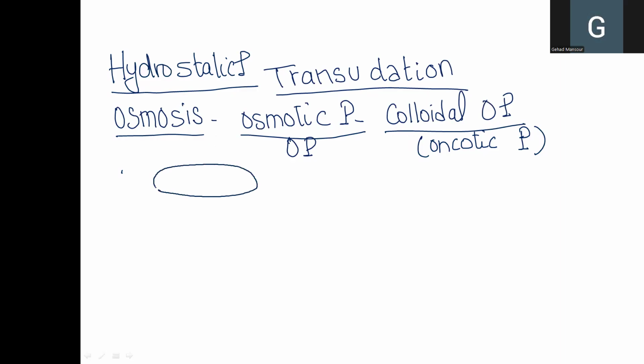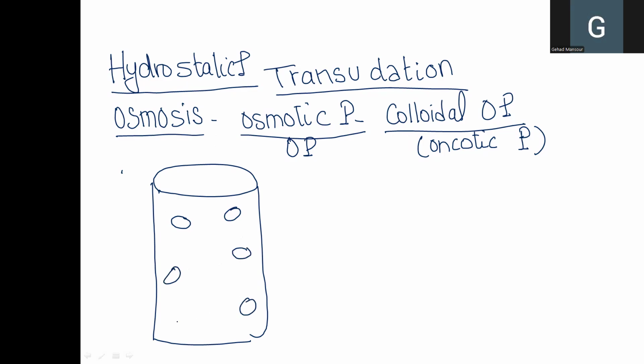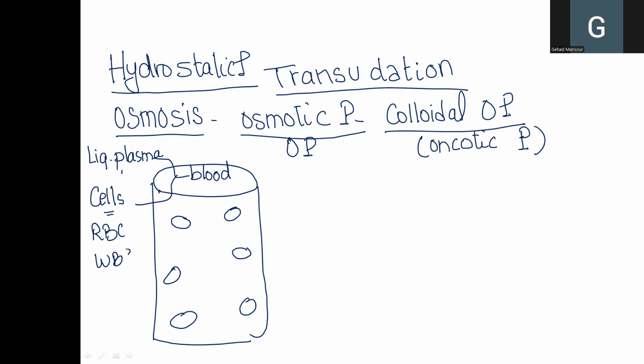If this is a blood vessel, say a blood capillary, and that blood capillary has openings or pores or fenestrations between the endothelial cells, and of course inside there is the blood, and blood, as you know, consists of liquid plasma, which constitutes about 54% of the volume of blood, and consists of cells or the cellular components like the red blood corpuscles, the white blood cells, and the platelets.